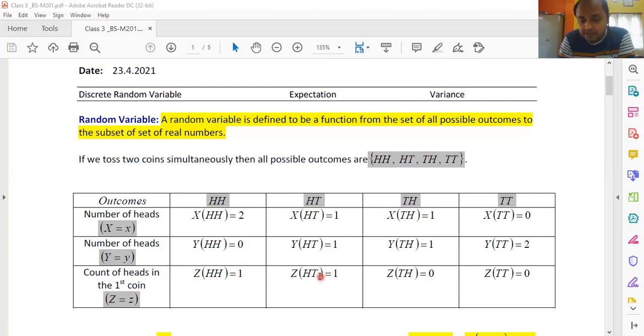In the second outcome, the count is 1 because only one head is possible in the first coin. In the third outcome, in the first coin there is no head, so it's 0. In the last outcome, there is no head in the first coin, so it is 0. So in this way, you can define many such counts on the outcomes obtained by tossing two coins simultaneously. Okay.